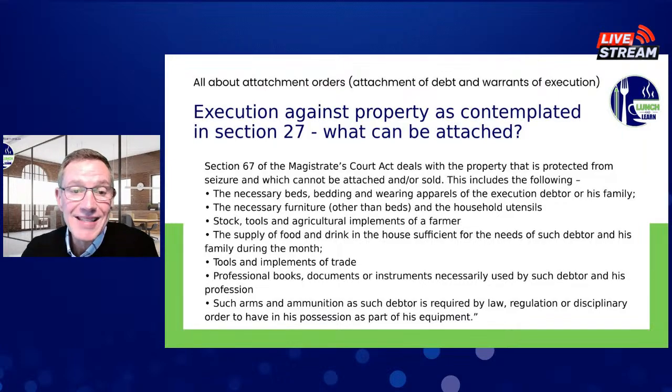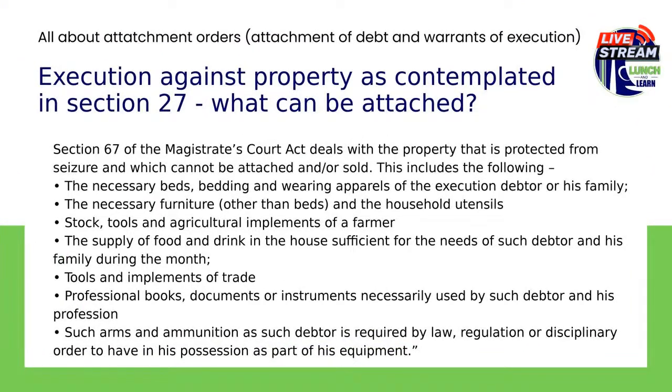Also excluded from judicial attachment is necessary furniture, other than obviously beds, and household utensils. You cannot take pots and pans if that is necessary furniture. Obviously, a TV, DSTV, Xbox, and so forth would not be considered necessary furniture, as well as, for example, a wall unit that serves no purpose.